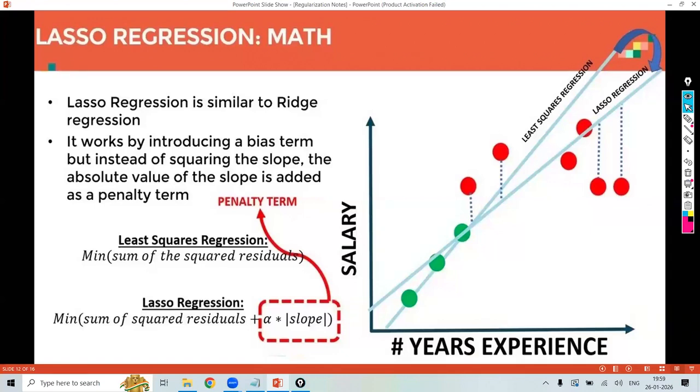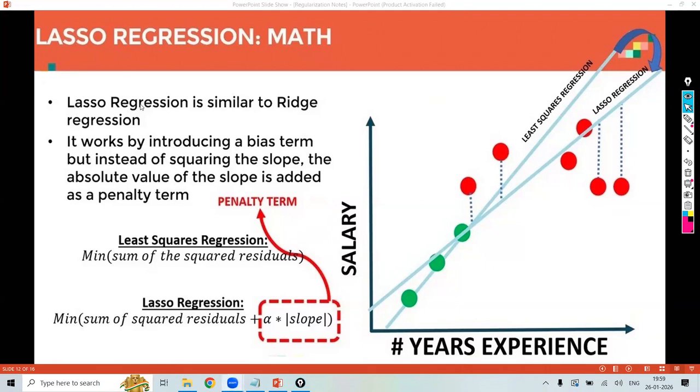So that is one type of logic. Everyone is clear? Alpha into modulus of slope. Right? Yes, Roshan.